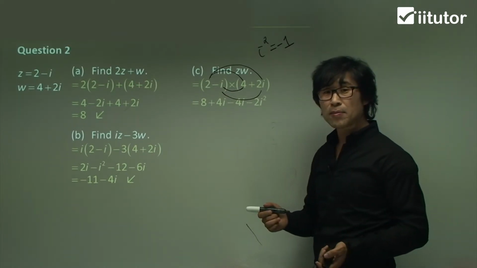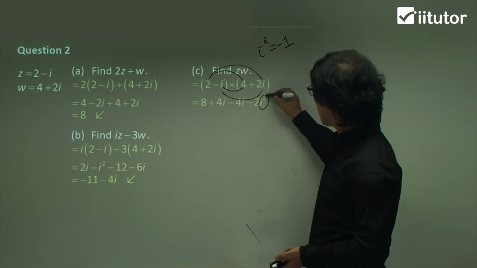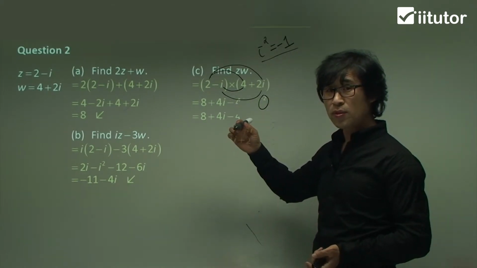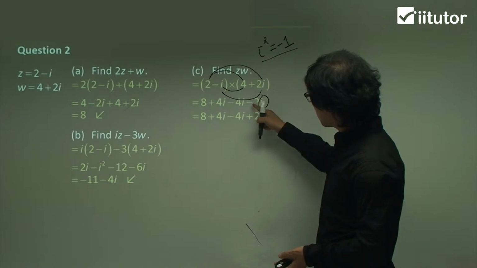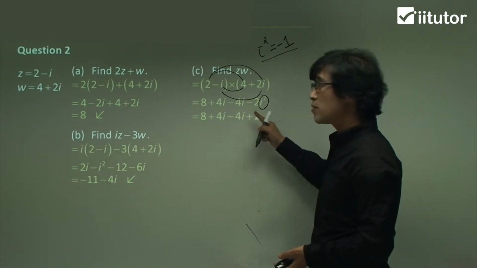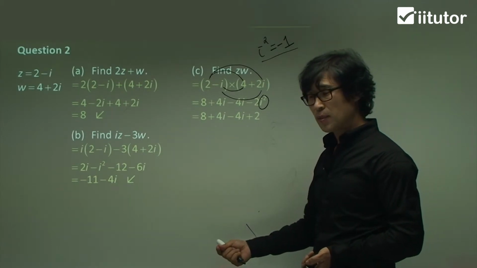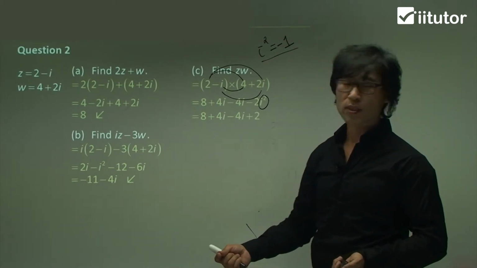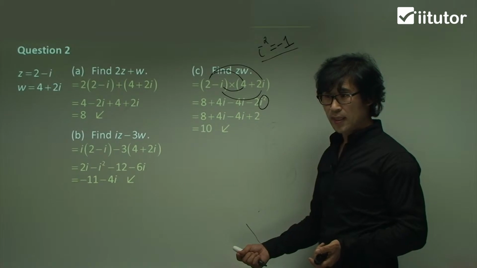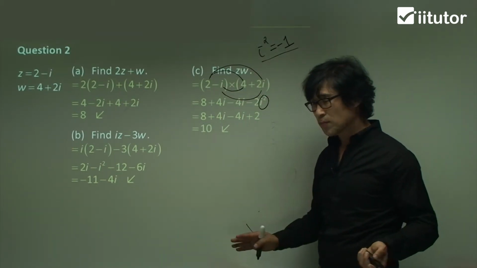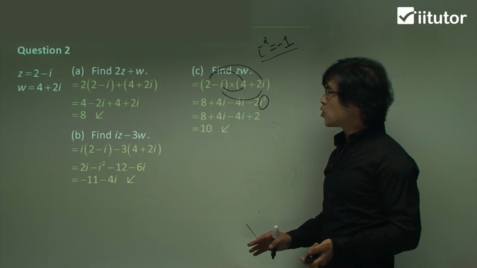Again, same story: i squared is -1. That's all you need to substitute. So -2 times -1 becomes +2. All you need to do is simplify as part of the algebraic calculation. 10. Okay, if you multiply two complex numbers, it can come out as just a real number. It's just normal. Okay, that's question 2.